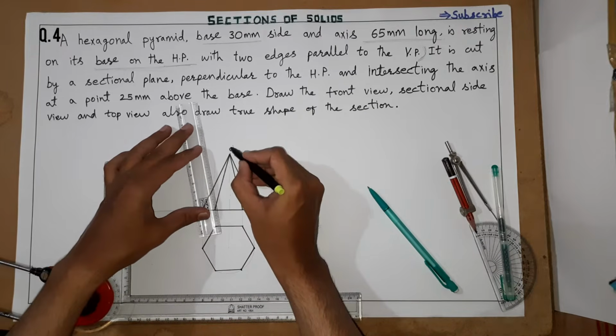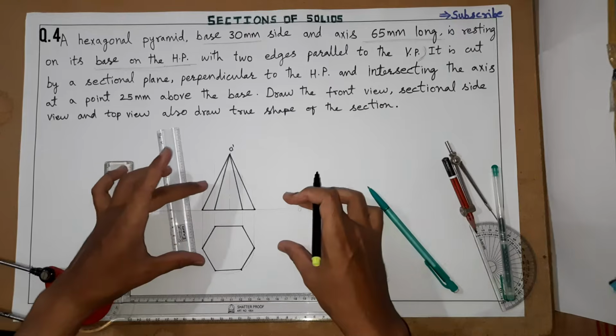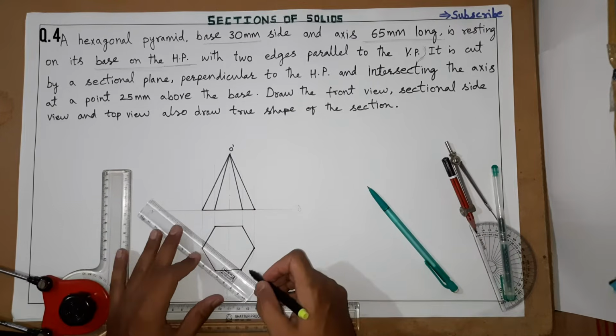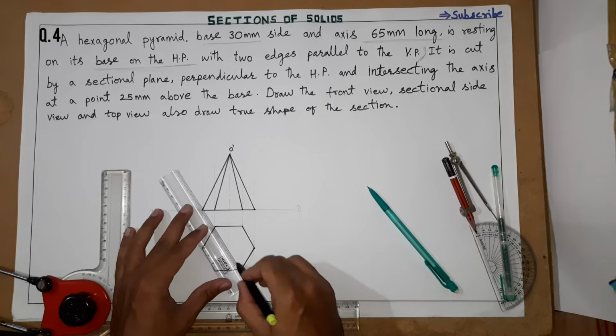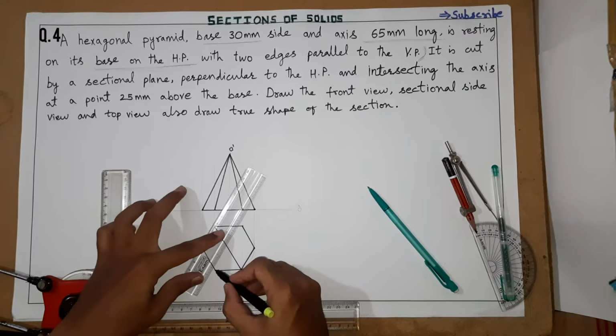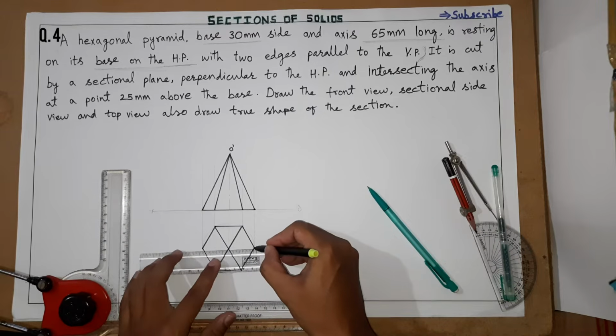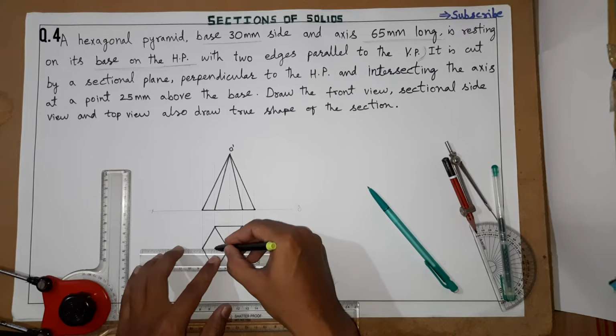So this is your O dash, and it's a pyramid. All the corners of the base will go and meet at the apex. So in the top view also you will find all the slant edges of the pyramid coming from all the corners and meeting at the apex. These lines also you have to draw in the top view.